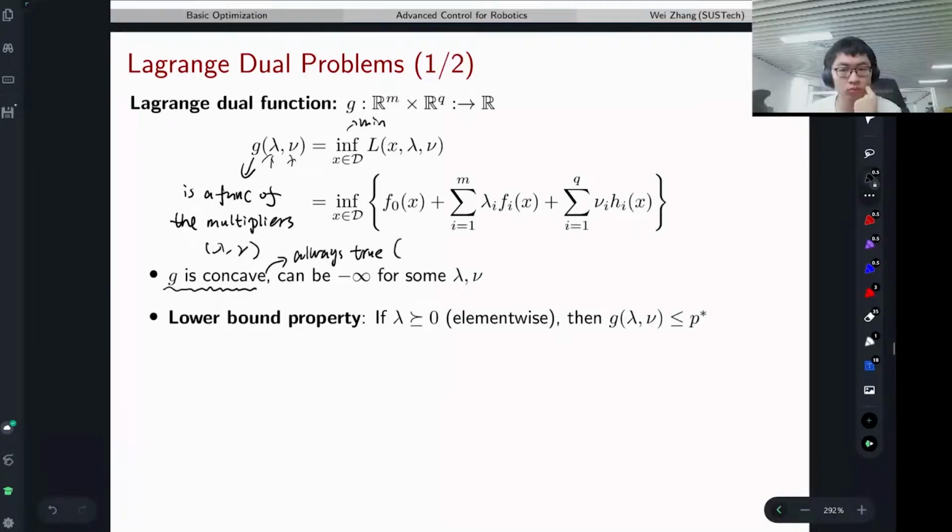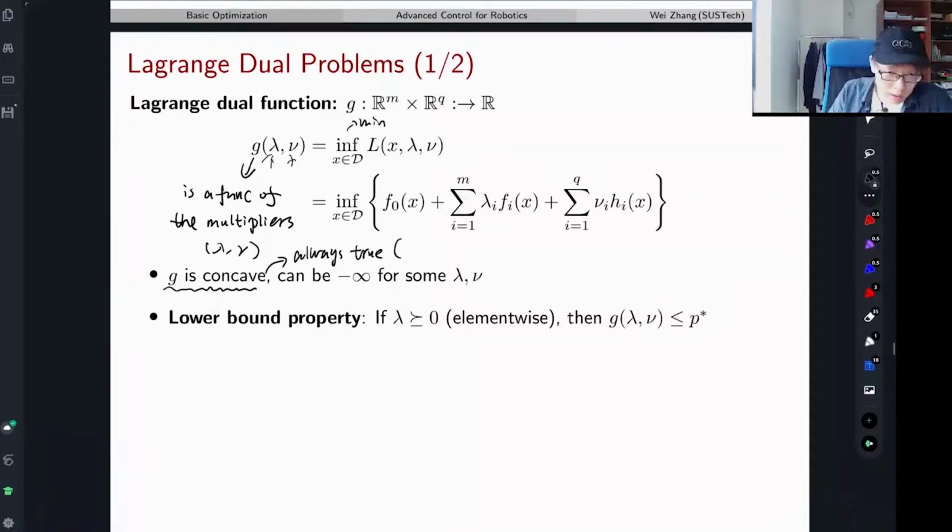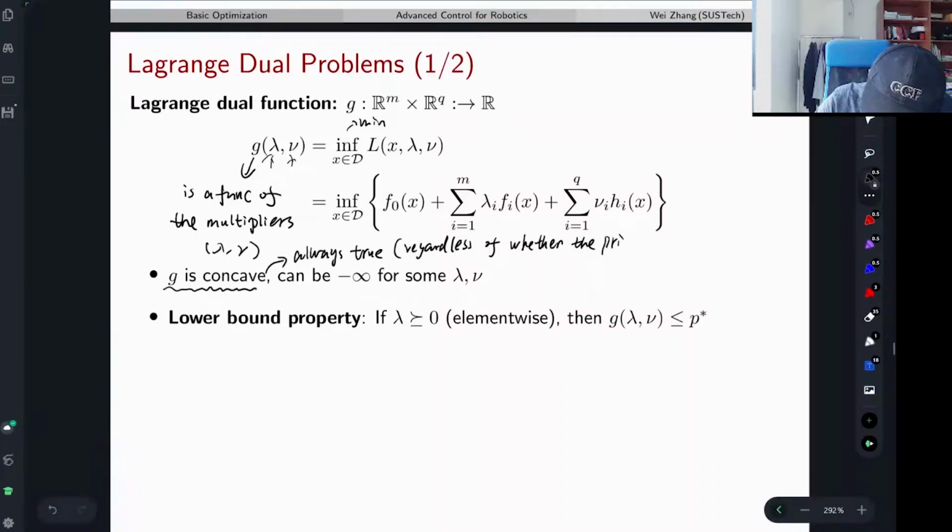So no matter whether the original problem is convex or not, the Lagrangian dual function defined this way is always a concave function. It's always true, regardless of whether the primal problem is convex or not.